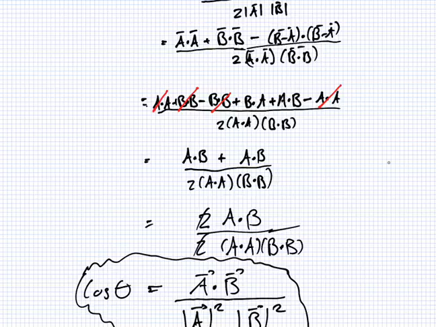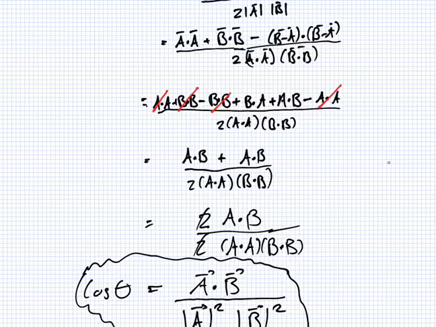And you can see why it's important that I said at the start the magnitudes of A and B are not zero. Because if they were zero, then we'd be dividing by zero here. We can't find the angle between two vectors if one of the vectors has no length.